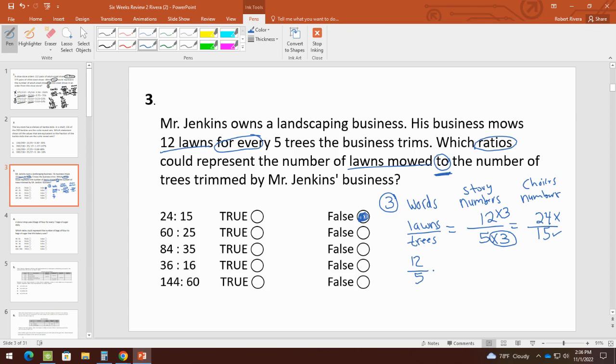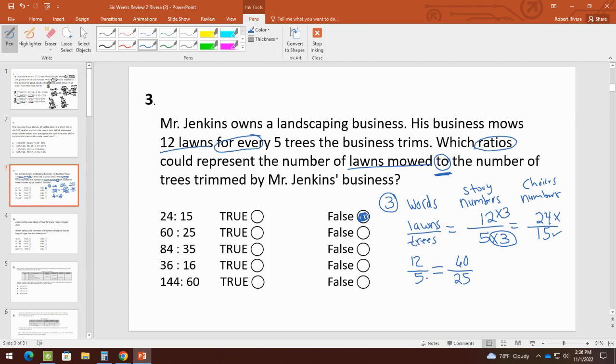So, 12 to 5. And now we have 60 to 25, the next choice. Now remember, guys, you could do cross products. Don't think that you can't, but I'm just showing you this because there are so many to do.